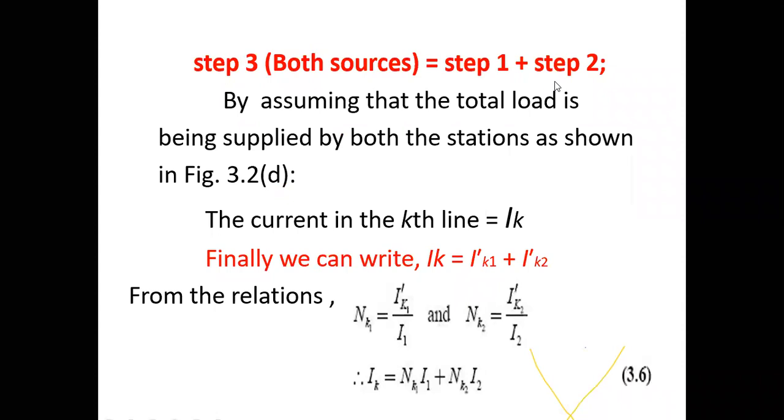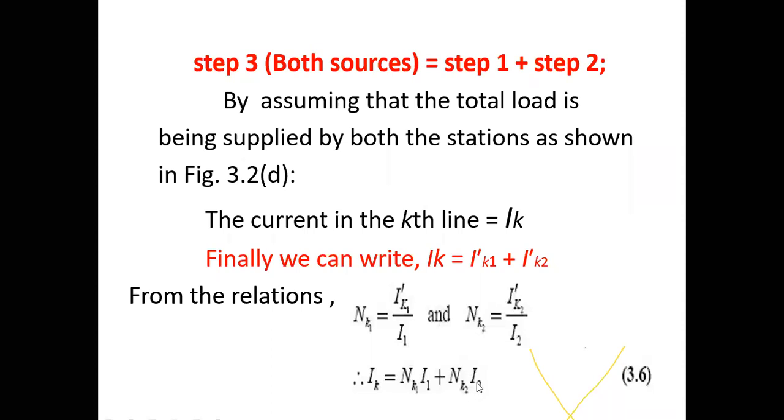So when you consider step 1 and step 2 together, the current in the kth line is the summation of Ik1 and Ik2, that is, the total current given by Ik1 plus Ik2. And from the current distribution factors, we can write Nk1 equals Ik1 divided by I1. Similarly, we can write Nk2 equals Ik2 divided by I2. Substituting these two into the Ik expression, we get Ik equals Nk1 into I1 plus Nk2 into I2.